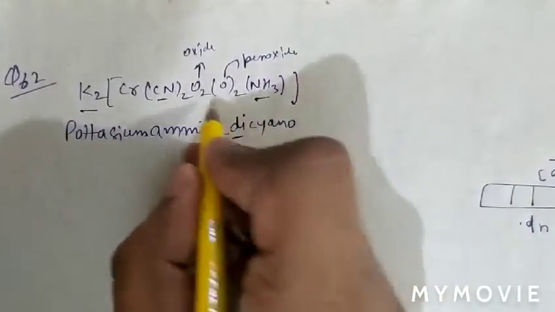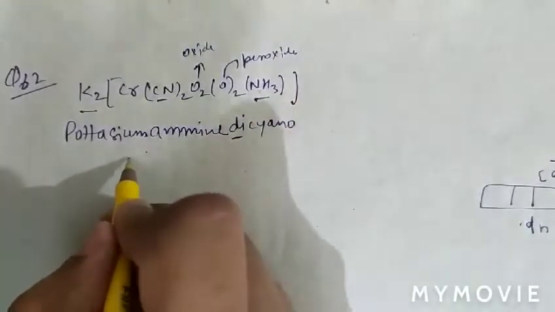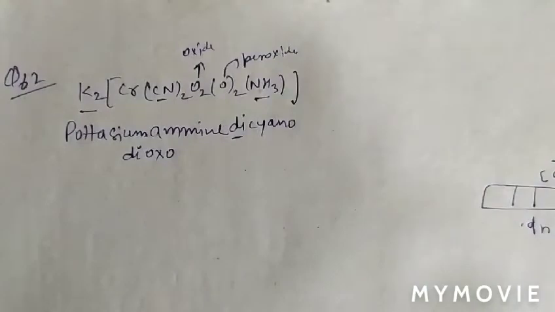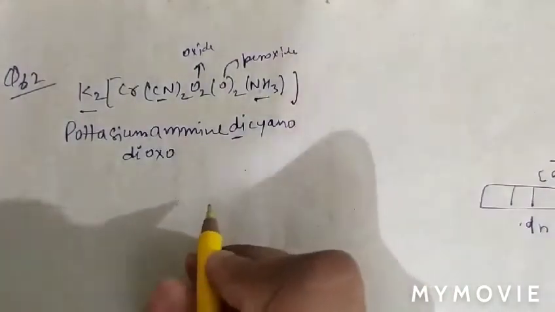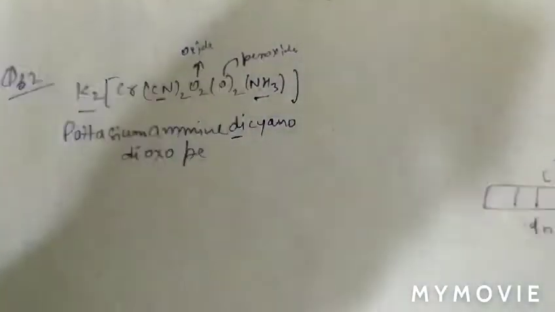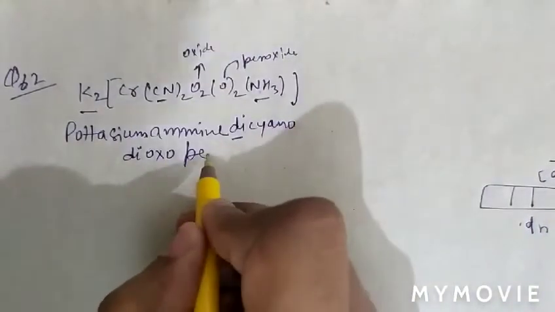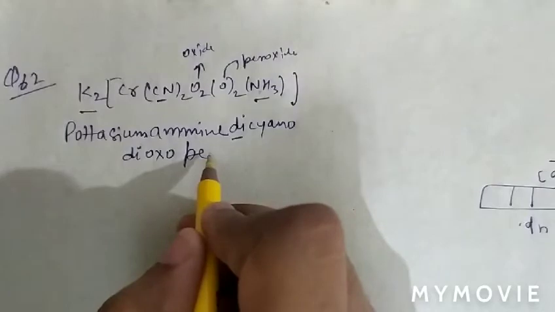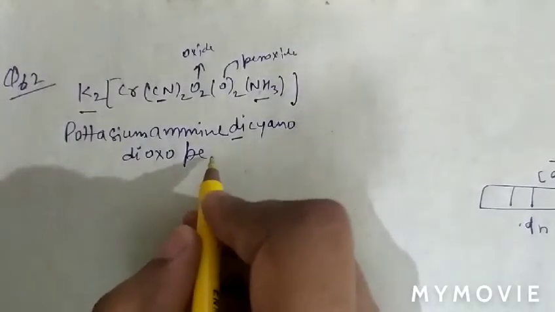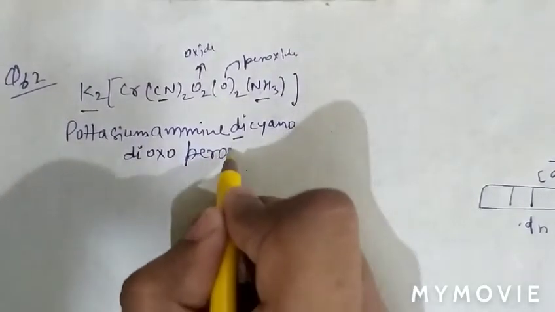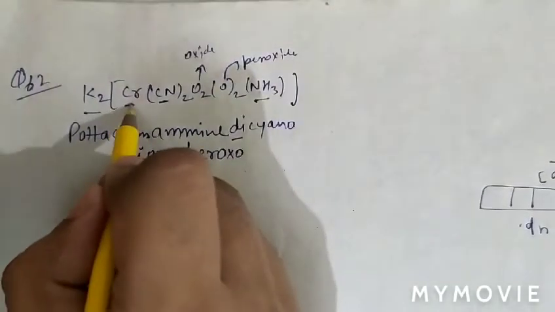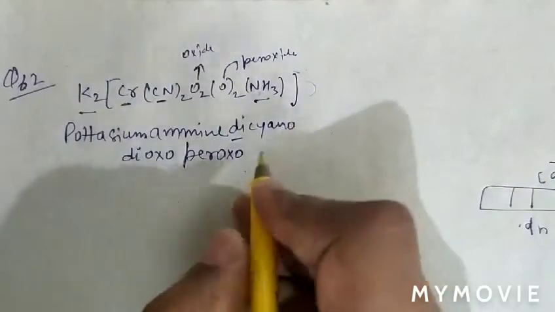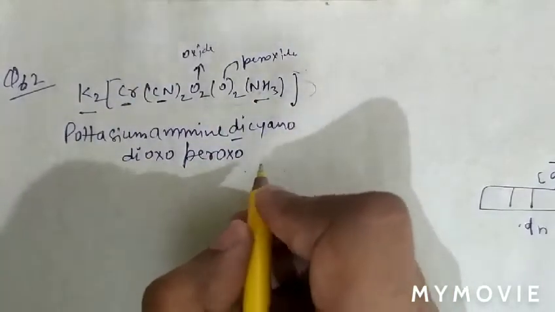Now after that comes oxo, so it will be dioxo, and then peroxo, after oxo it will be peroxo, so it will be dioxo and then peroxo. As chromium is part of the anionic complex, it will be chromate.